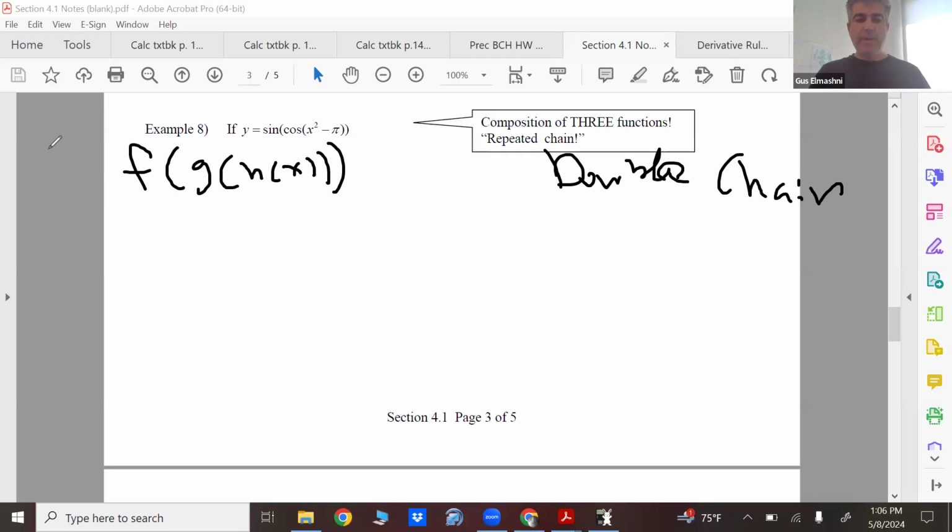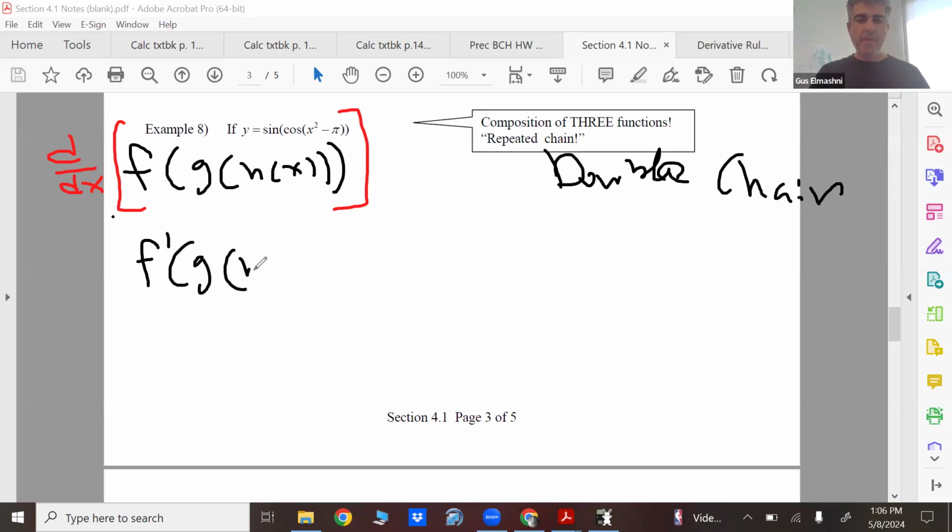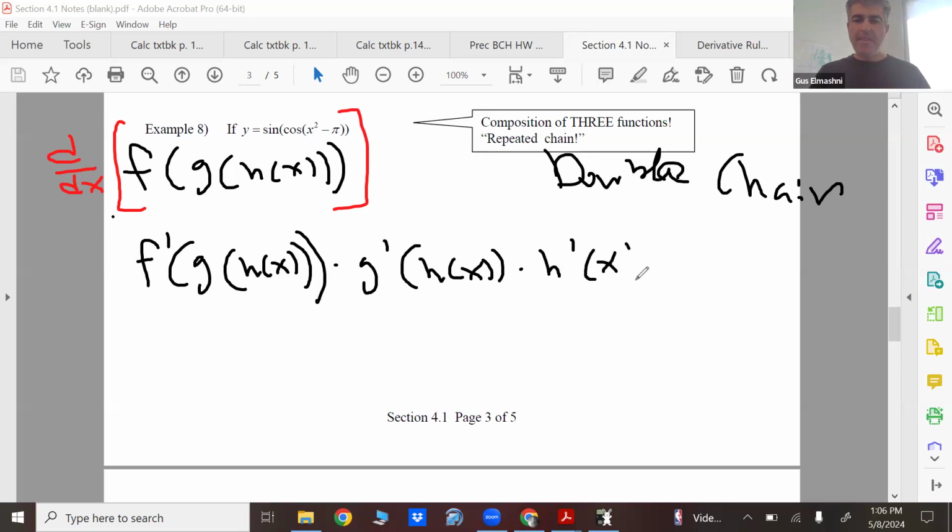So we take the derivative of all that. When we take the derivative of all that, it's going to be this: f prime. Does that make sense, what I'm doing?